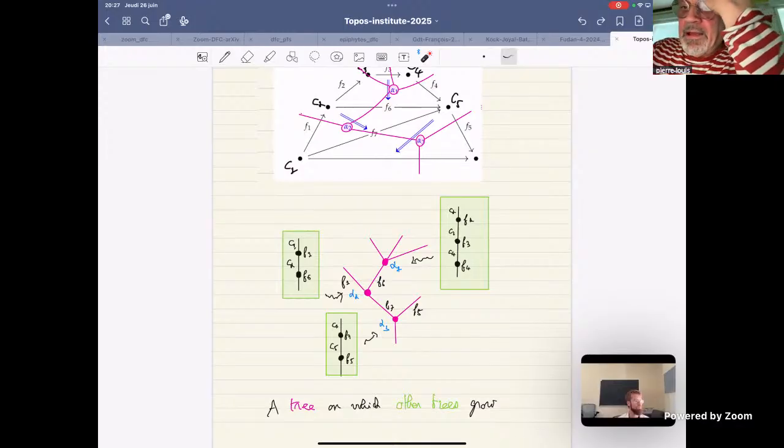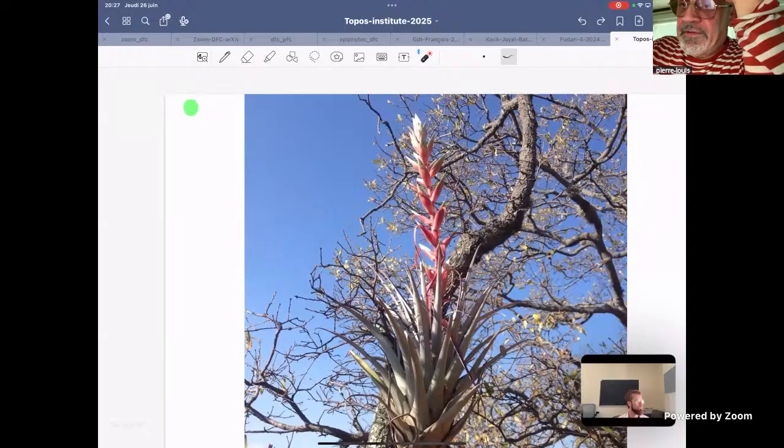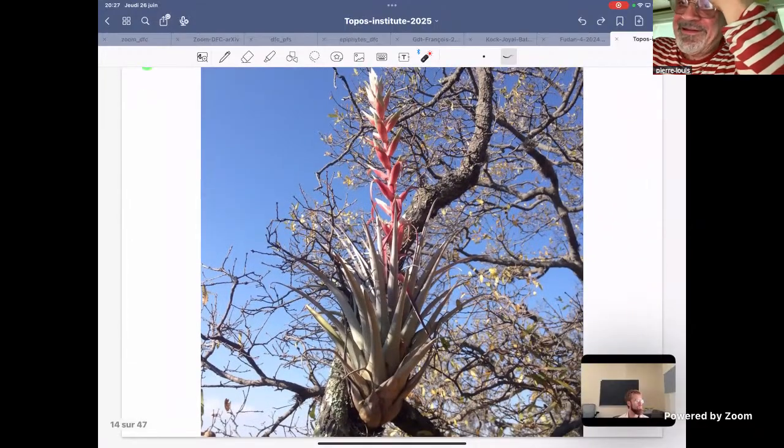And this is the reason why we call them epiphytes, because this is what you find in nature. Okay, an epiphyte is a tree of a different sort growing on a tree of a different sort. Okay, that's the definition of epiphytes.